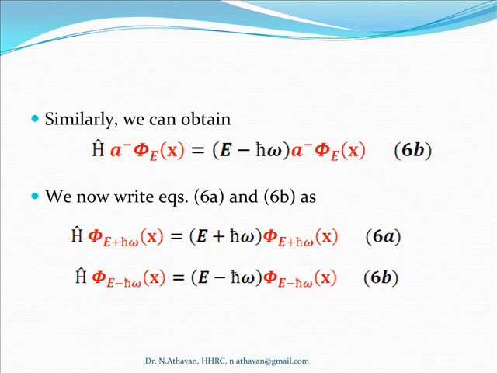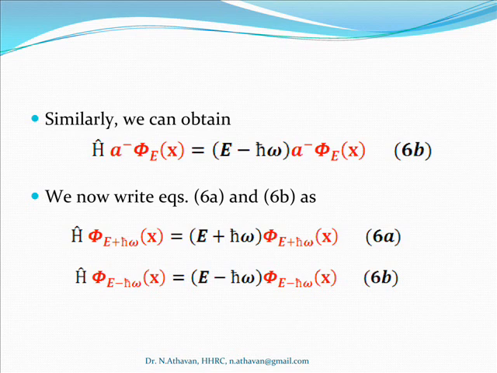Similarly, we can obtain the result using the A minus operator on phi E. So we get the expression given here. From equations 6a and 6b, we note that in 6a, the A plus operator creates a new level with the eigenvalue E plus h cross omega, and the A minus operator on phi E creates a new level with the energy E minus h cross omega.